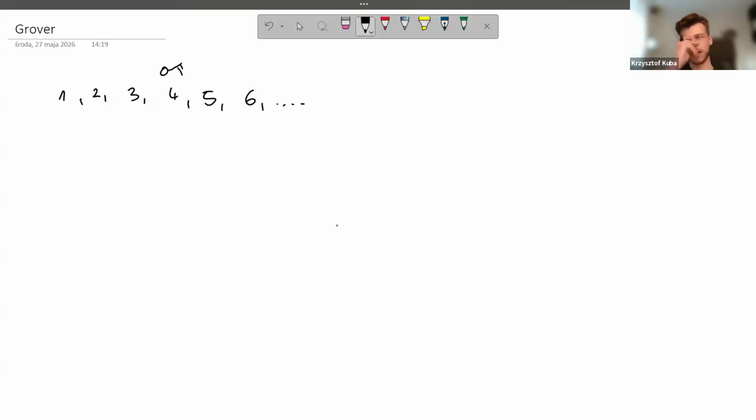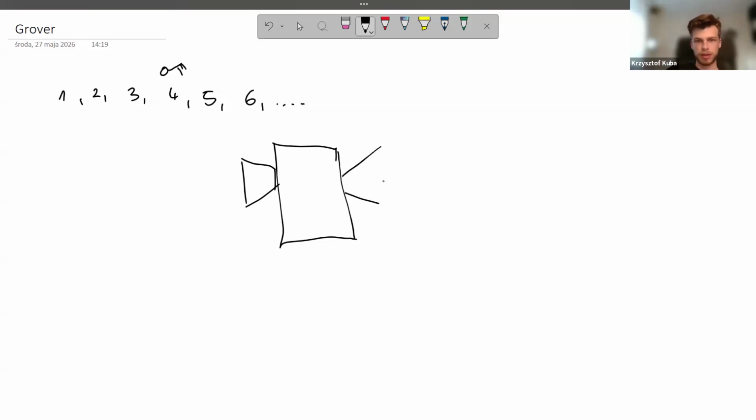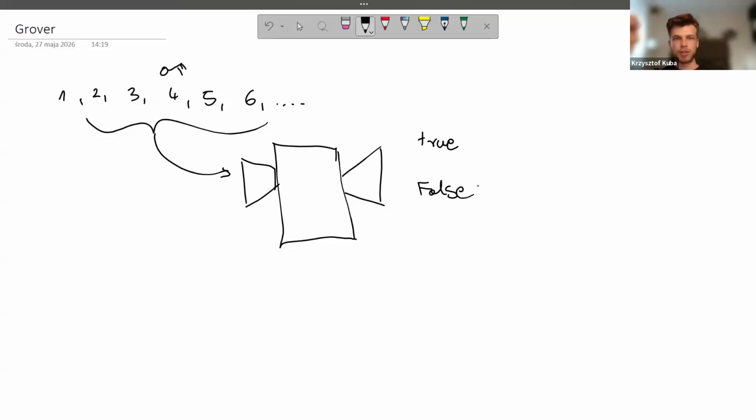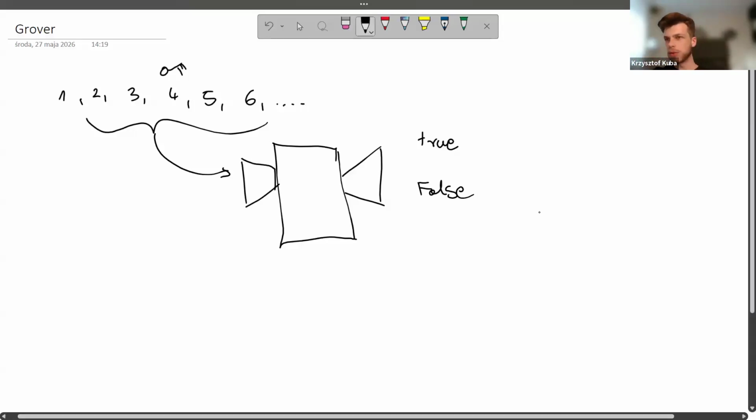The question is, how many steps would you need to make classically to find this key? Let's imagine a black box function, which is a machine that outputs true if the number you input is the key, and false if it's not.